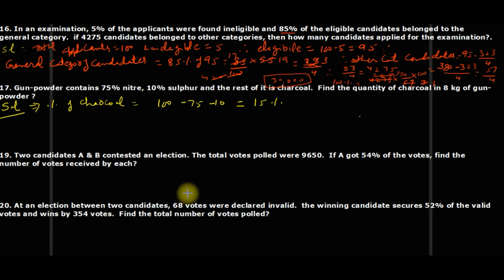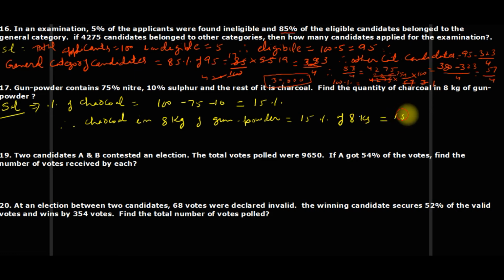So in 8 kilogram of gunpowder, therefore charcoal in 8 kg of gunpowder will become 15% of 8 kg.